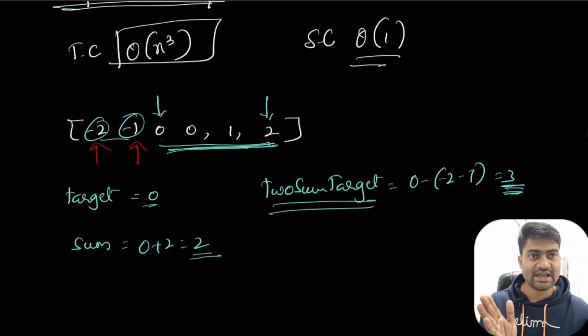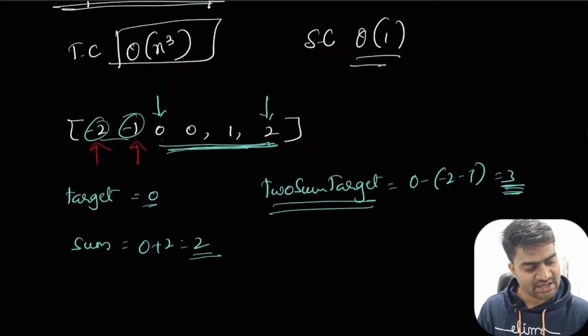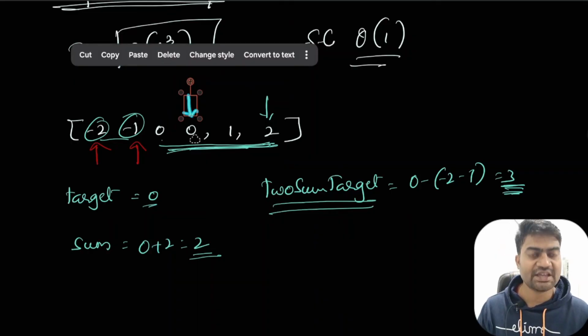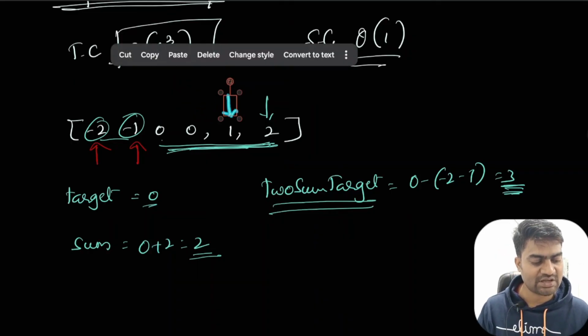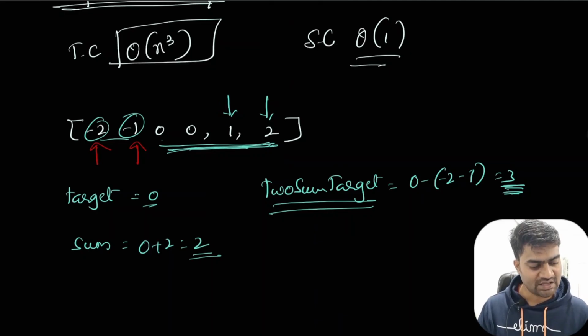So I need to move the left pointer towards the right. But this is 0, so I don't need to process 0. I will move to the next number. Now if you see, we stop at 1. Now this becomes 1 plus 2, then the sum will be 3. So this is equivalent to what is intended.